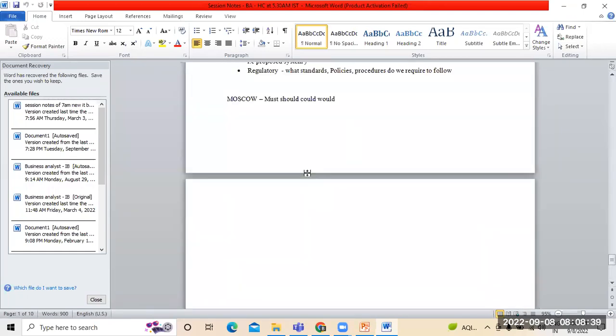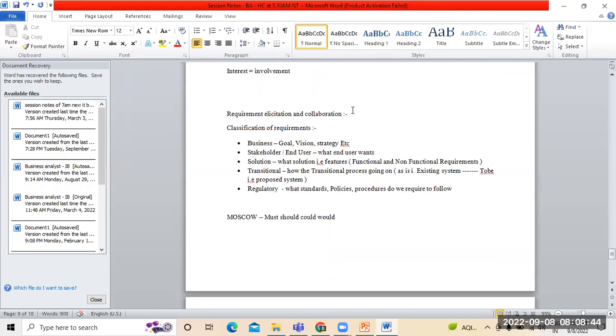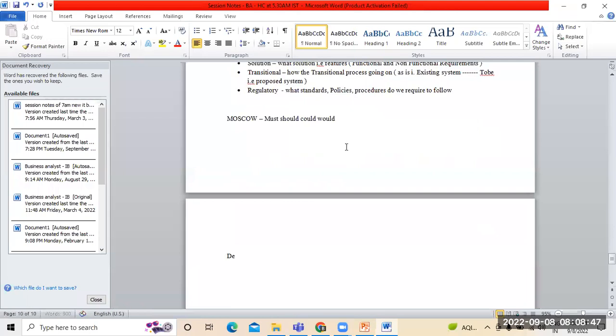Right. So defining the business case, the following points need to be understood.